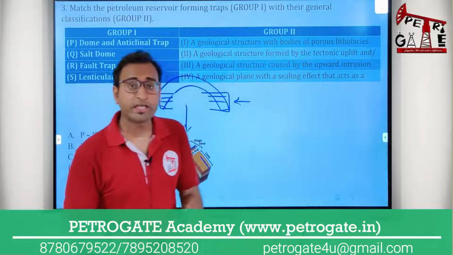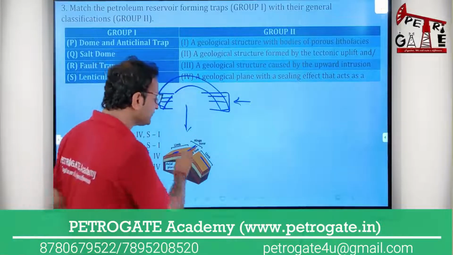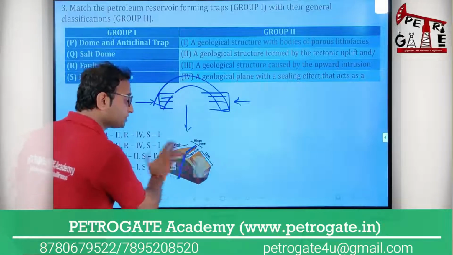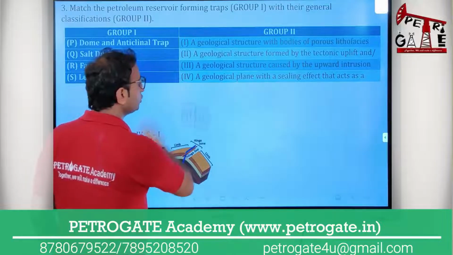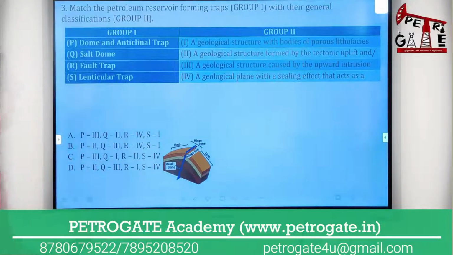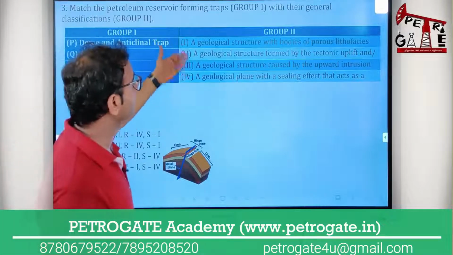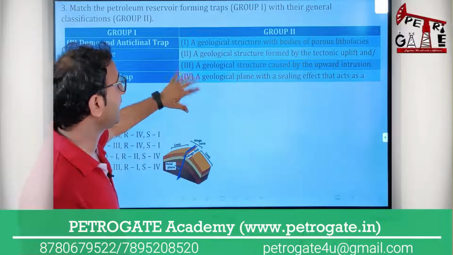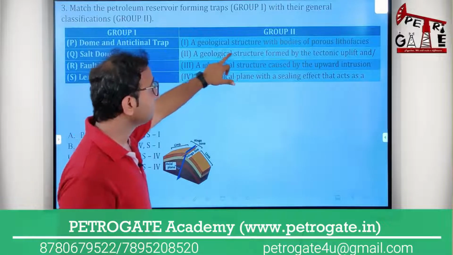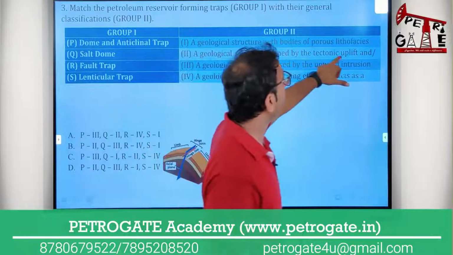Many kinds of folds can be classified according to the axial plane, so you must know the axial plane concept. So no problem, I think you know very well about dome and anticline traps. You can read the option, you can read the second group data. So you will see a geological structure formed by tectonic uplifting.